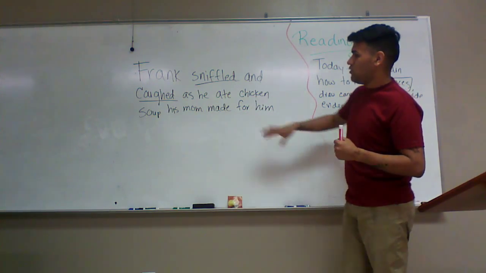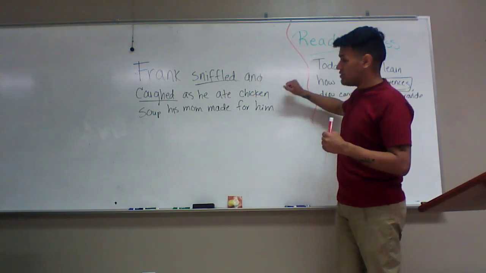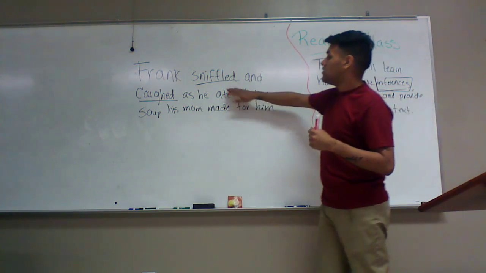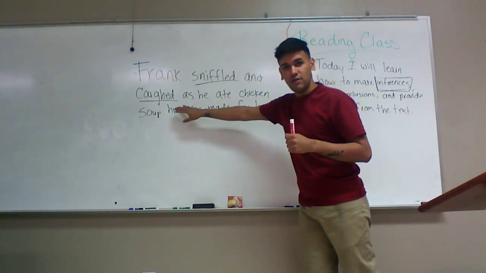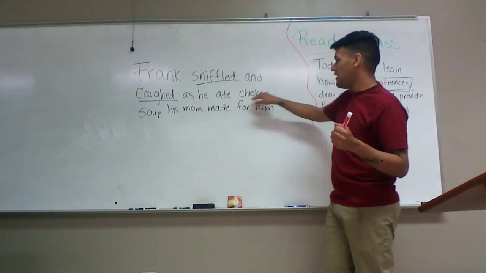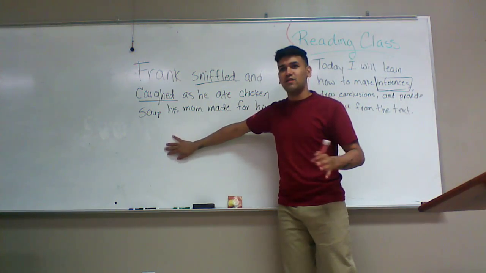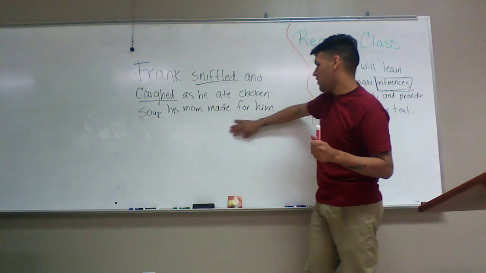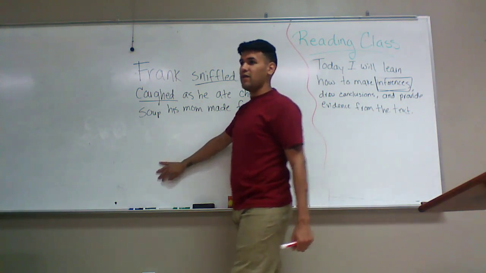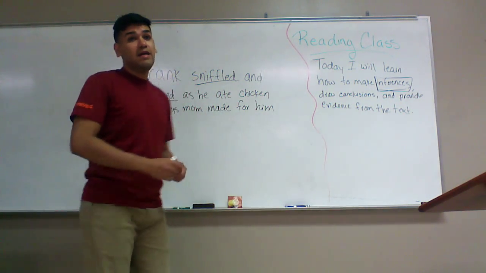So we use our evidence, our prior knowledge, what we know already. Okay, he's sniffling and he's coughing. So maybe he's sick. And then we keep reading. As he ate chicken soup definitely tells us that maybe he's sick. So in this case, our inference, our educated guess, is that Frank is sick.